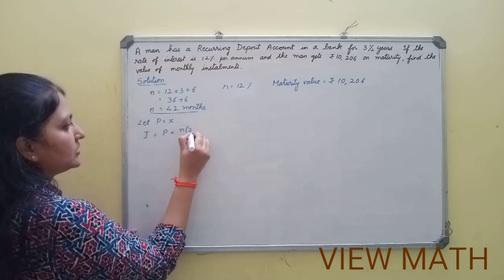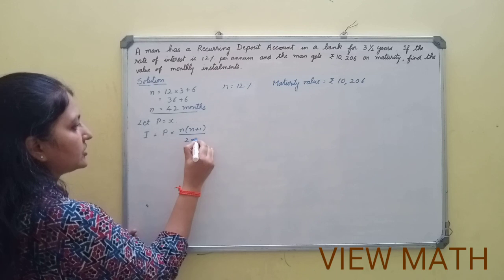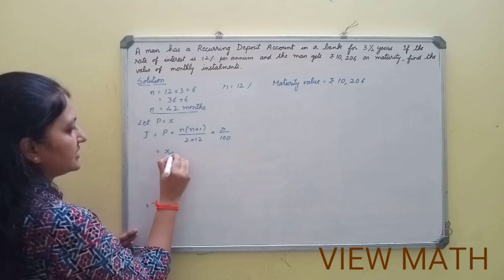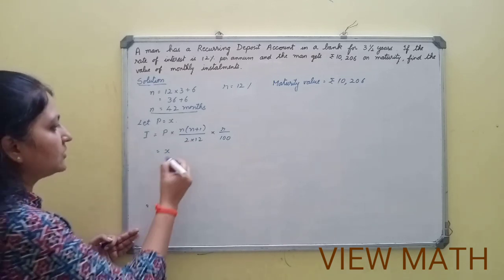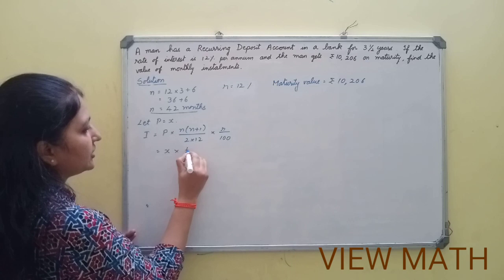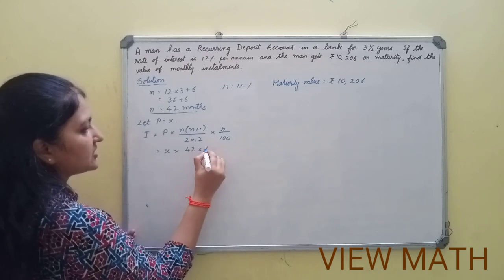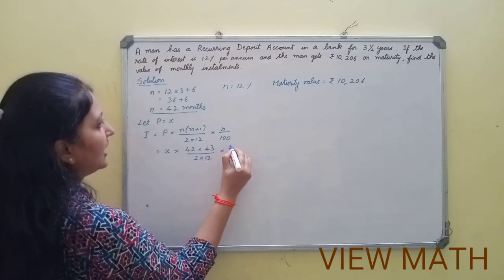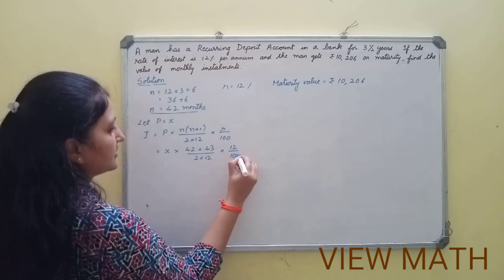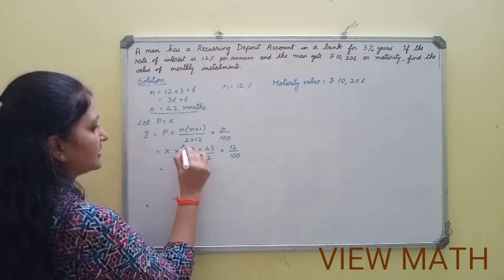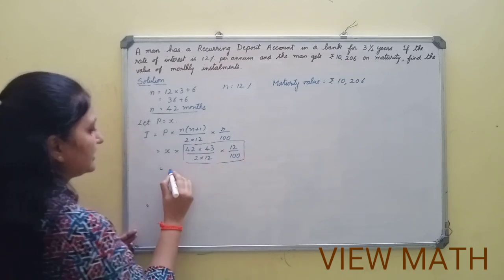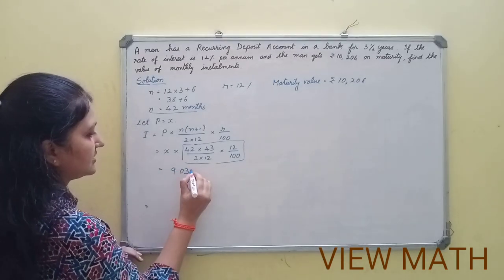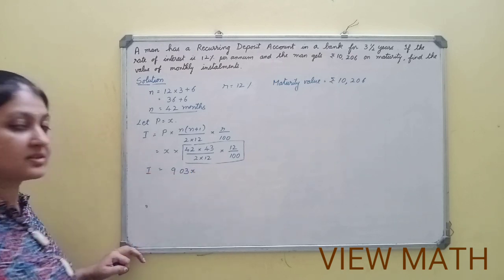P into n plus 1 by 2 into 12 into R by 100. So P I have taken it as X, so this is the thing I have to find out into n. N is equal to 42 into 42 plus 1, 43 divided by 2 into 12 into R is 12 by 100. So again do the calculation part. This part alone you calculate it. You will be getting 9.03 X. So this is your interest.